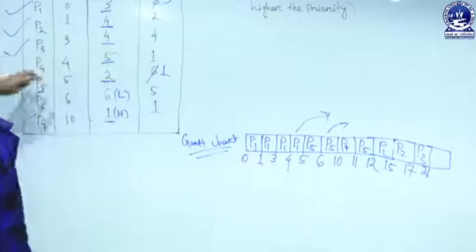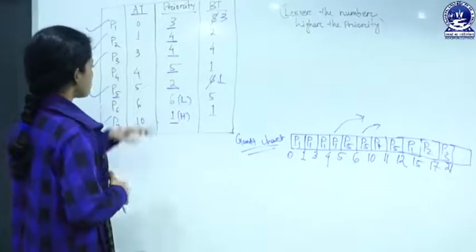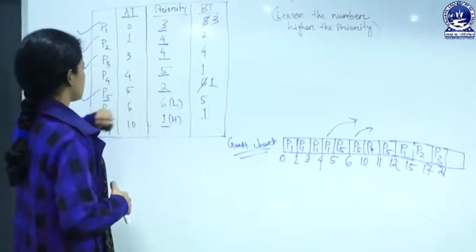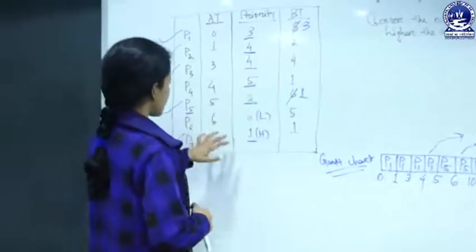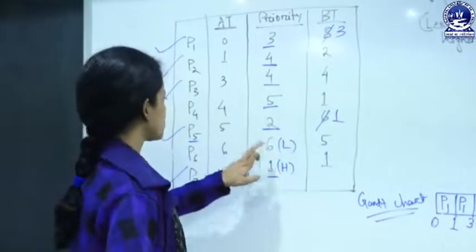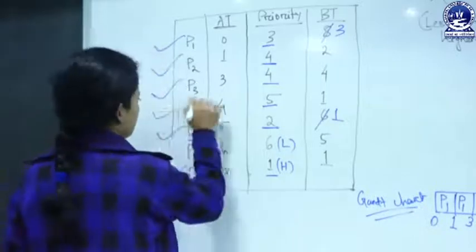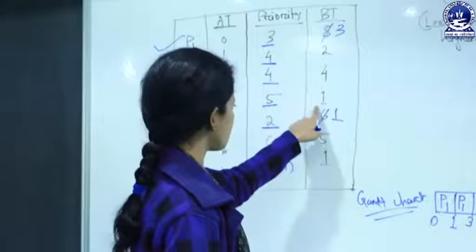Next is P4. Next, the next highest priority among 5 and 6. We take 5. Okay. So the priority of the P4 is 5 and the priority of the P6 is 6, so P4 has the higher priority. So CPU would be allocated to the P4. So P4 is completed at, check out the burst time, that is 1.